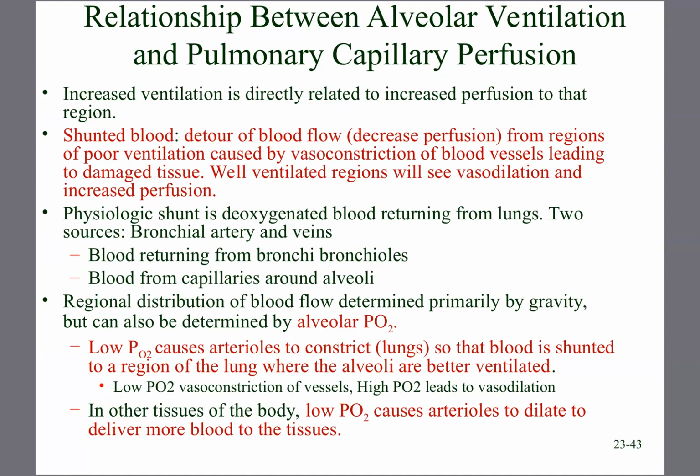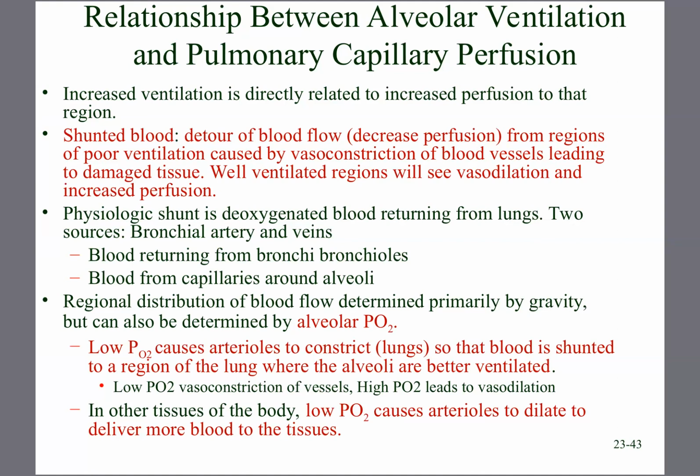You need to contract the muscles, which requires a lot of ATP. Where do we get ATP from? We get it from the bloodstream, from oxygen and glucose. So if you have a very active tissue that needs a lot of ATP, you're going to be using up a lot of oxygen and a lot of glucose. So those areas are going to have very low amounts of oxygen.